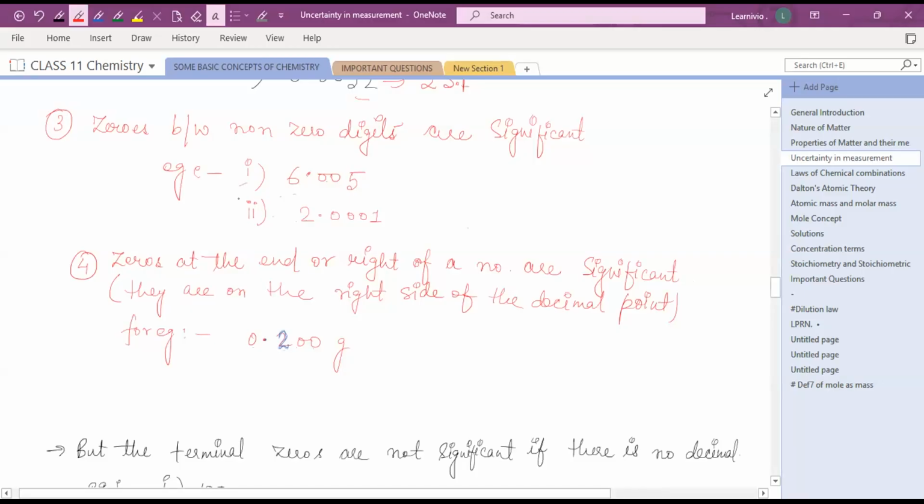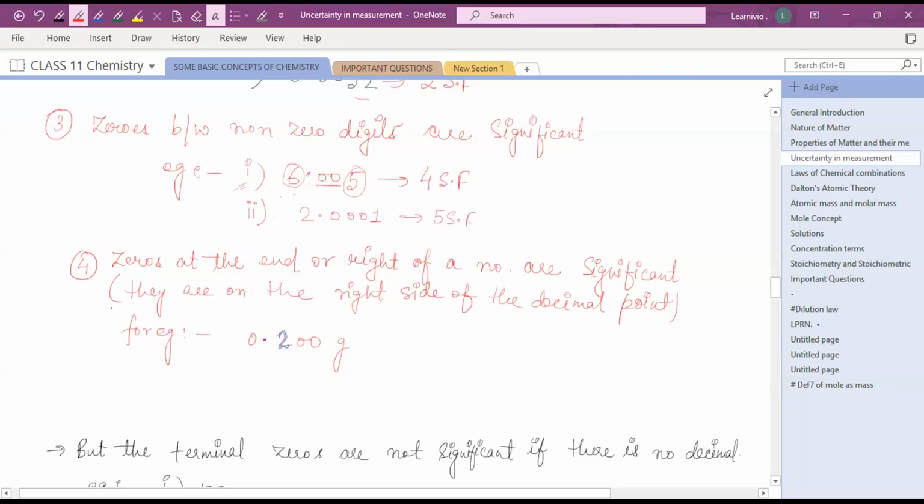If you see in this question 6.005, this is a non-zero digit, this is a non-zero digit, and these zeros between these non-zero digits are considered significant figures. So tell me, how many significant figures are there in this first question? Four. Yes, it's four. In the second? Five. Yes, it's five.